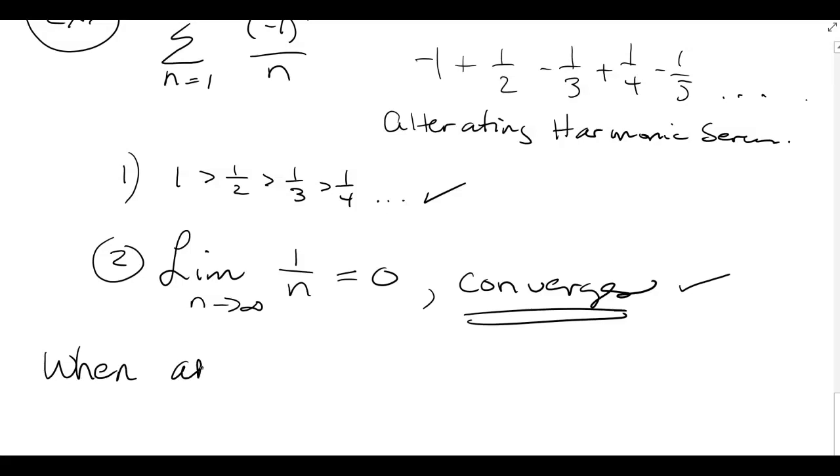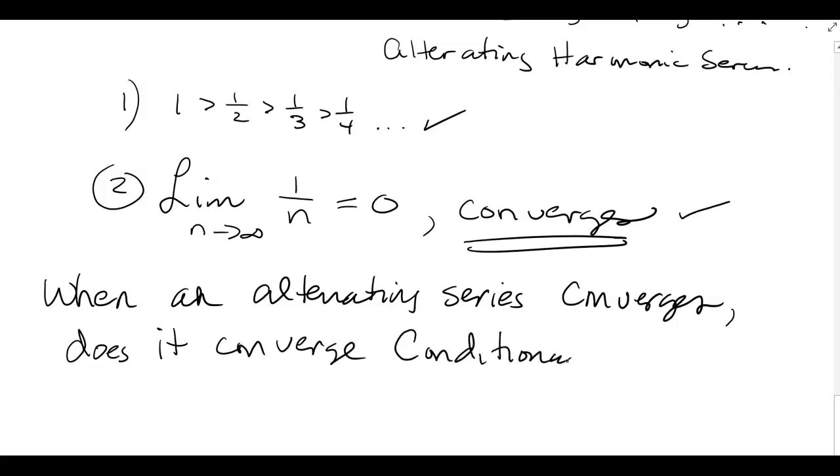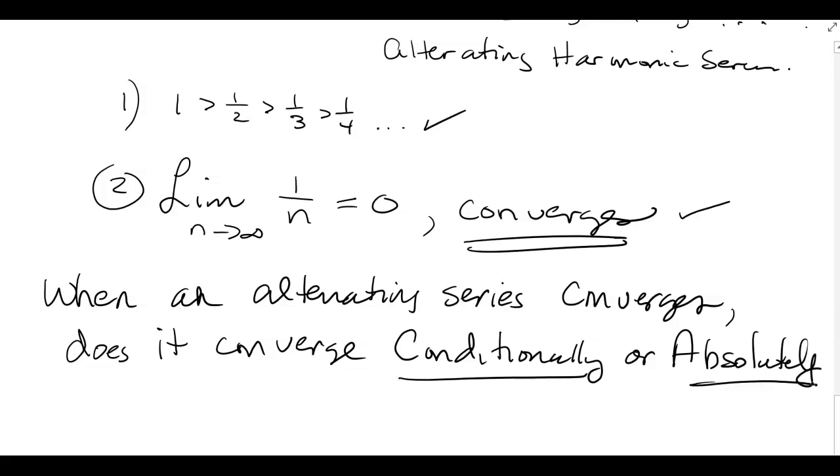So when an alternating series converges, and this only happens with alternating series, the question is, does it converge conditionally or absolutely? You've got to further examine any convergence of an alternating series.